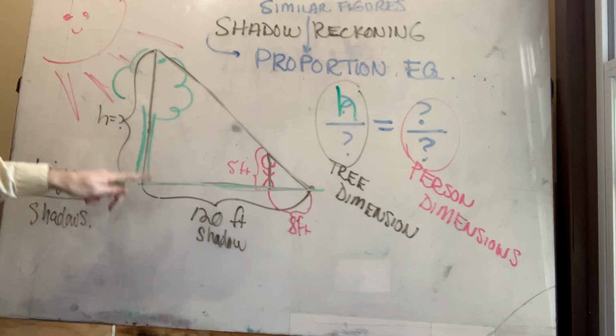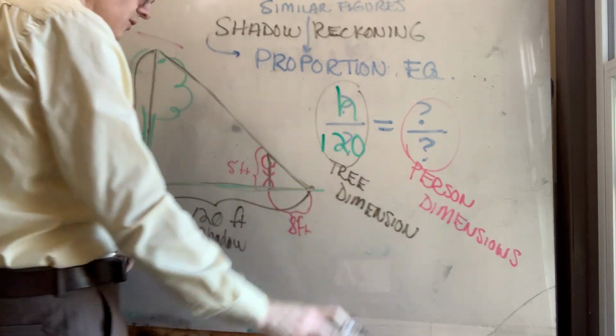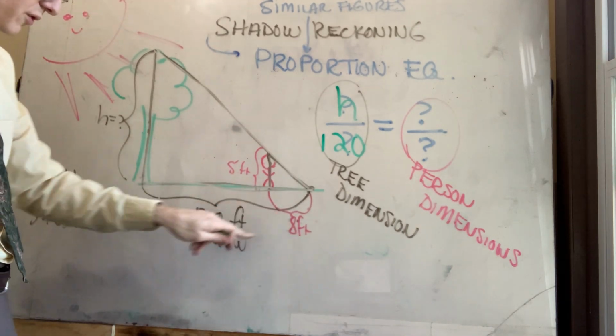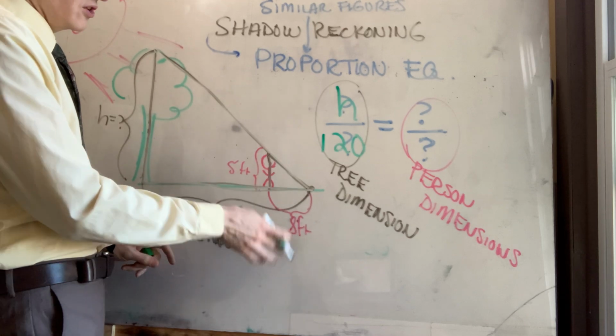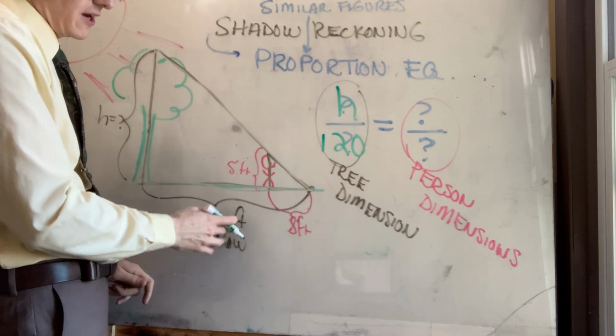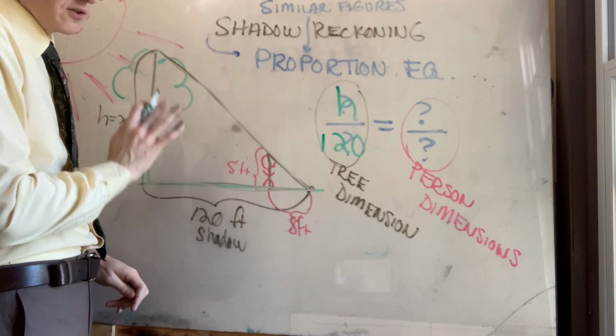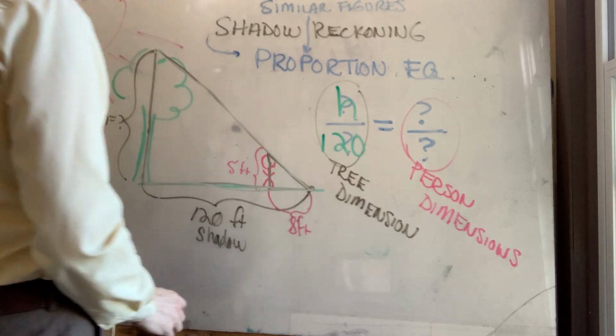The shadow length cast by the tree is 120. As long as the units are the same, they're all feet, you don't really need to worry about them. If one was in inches, or heaven forbid some other unit system, you'd have to convert everything to the same type of unit first. That's not an issue here.